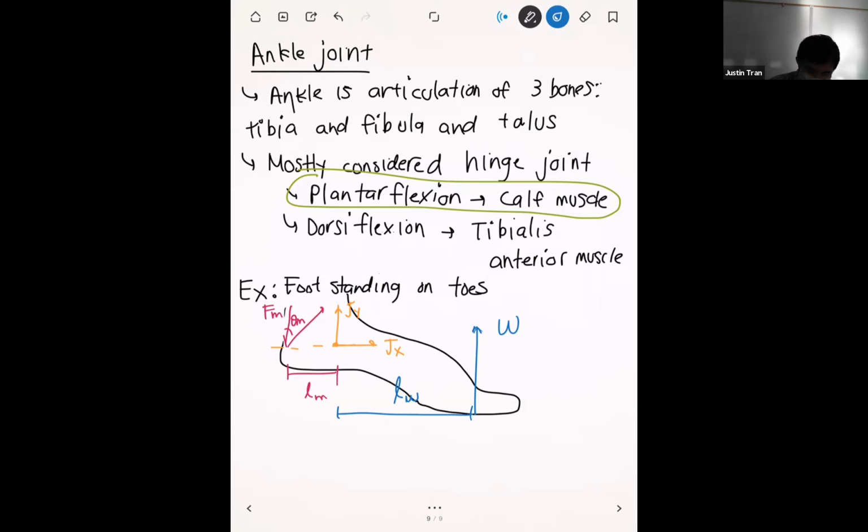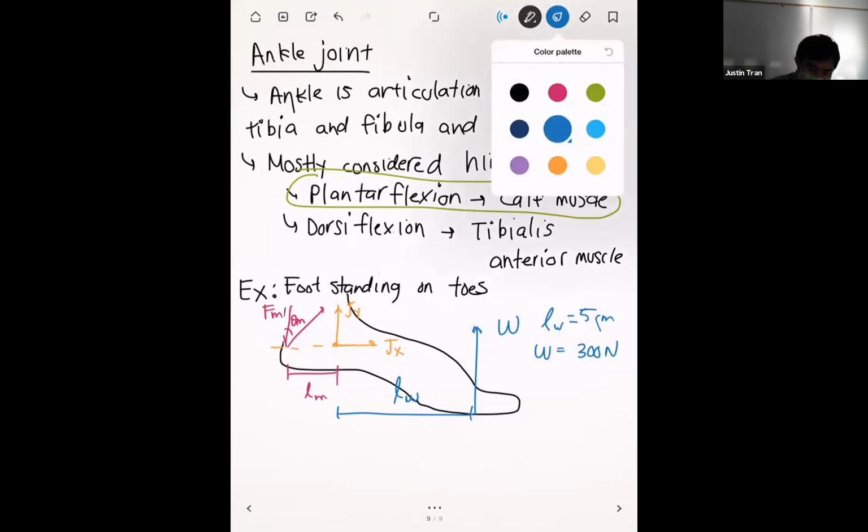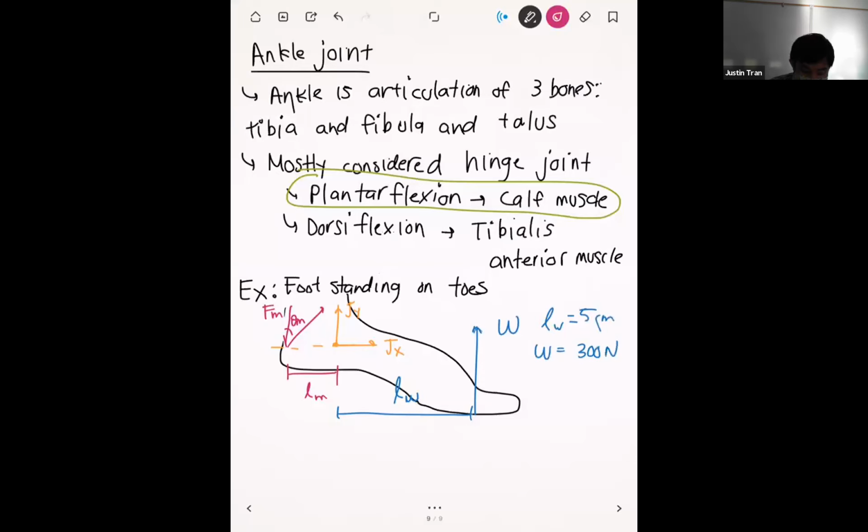All right, and let me give you the numbers for this. Let's say that LW is 5 centimeters. W right here is 300 newtons. The insertion angle with respect to a vertical line, let's say this is 30 degrees.